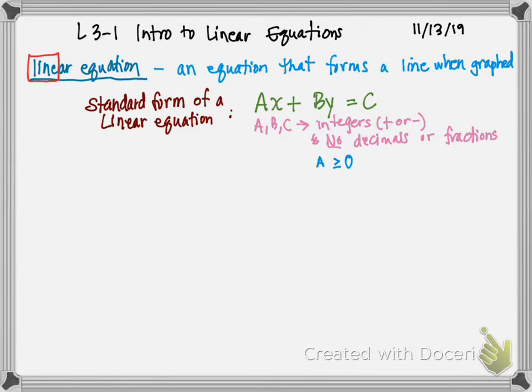Anyone remember what kind of line you're going to get if you just have y equals 5? What would that graph look like? And don't tell me it's a line. It's a very special kind of line. Jack R., you look like you're thinking. It's like a vertical line or something. It's not. Or is it a horizontal line? It passes through the y-axis. Yeah, so it would be horizontal. Okay. I know what's weird is because the y-axis is vertical, but you had to think, what is my line passing through?